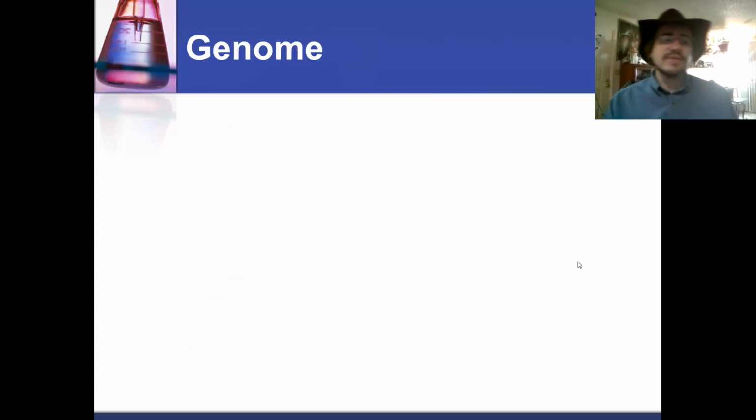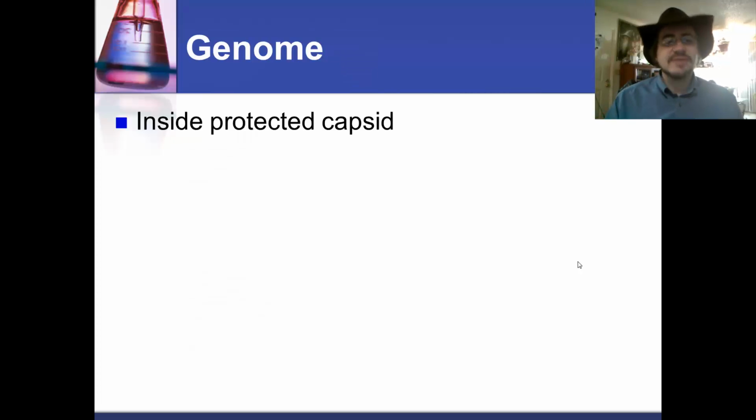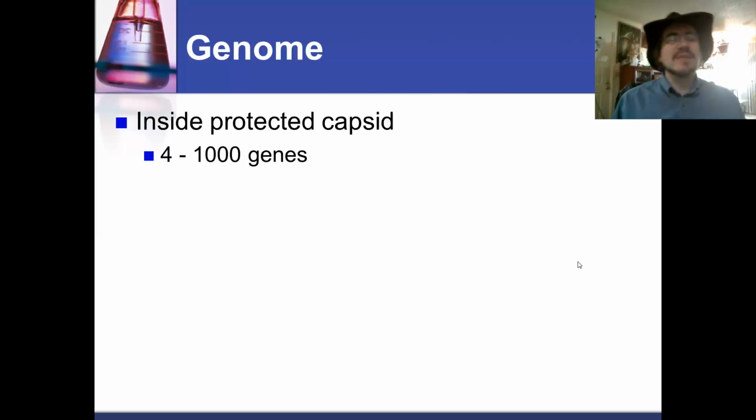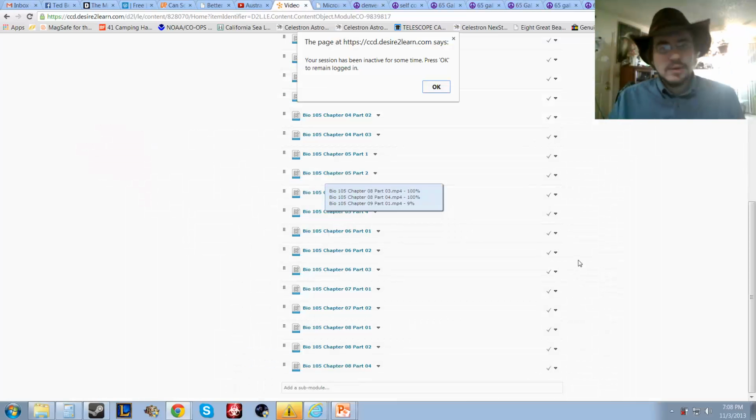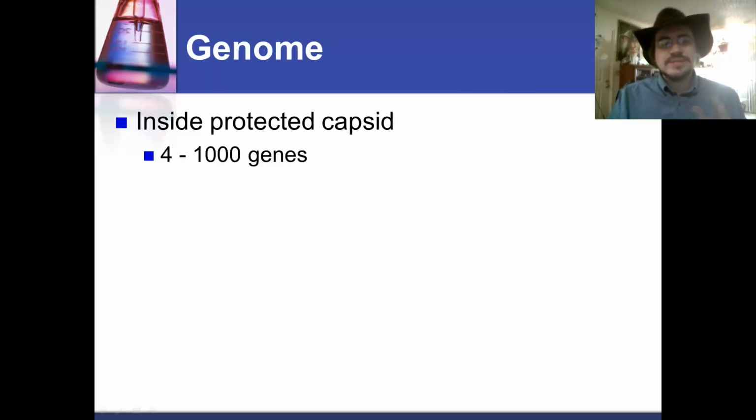So let's look at the different kinds of genomes a virus can have. The genome is inside the capsid, all nice and protected. And it can be anywhere from as few as 4 genes to as many as 1,000 genes.